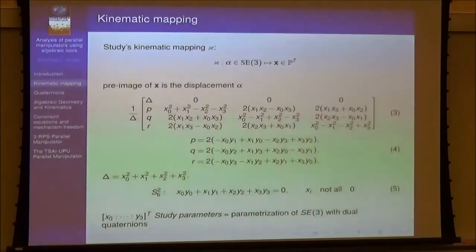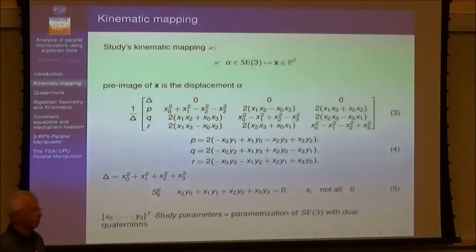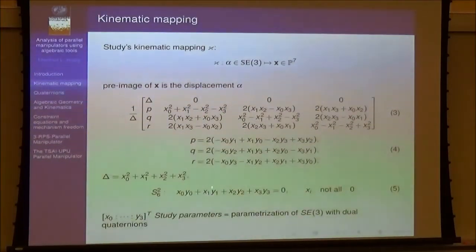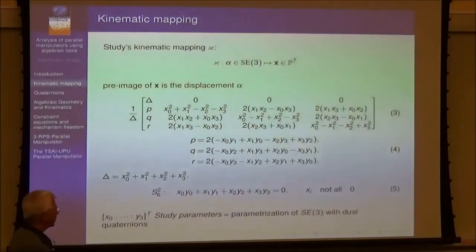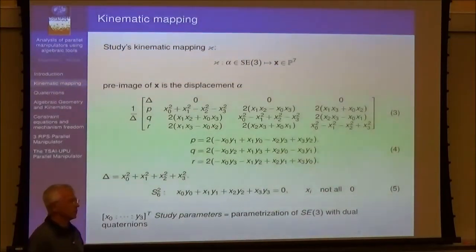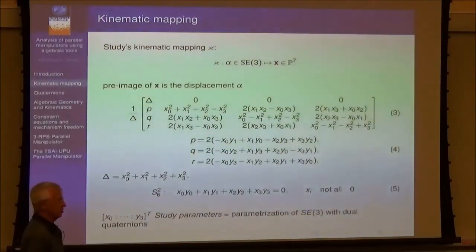But there is no need to set this to 1. You could use any other normalizing condition. For example, you could say, okay, I want x0 to be 1. If you want this. But with the normalizing condition, you have to be always aware what you lose. The projective thing here is very nice. Maybe some of you have learned about Rodriguez parametrization.